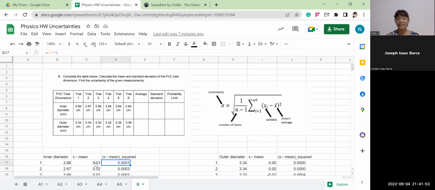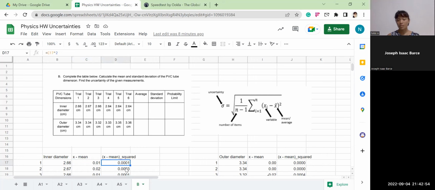So, kailangan mo i-square lahat ng differences. Okay. After nun, ano yung values mo?